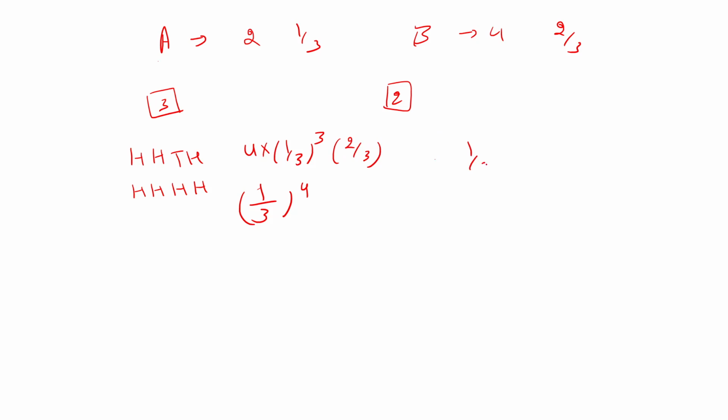So if I take 1 by 3 to the power 4 common, I'll get 1 here plus, inside, 8. I'm getting 9 divided by 81. So I should get 1 by 9.